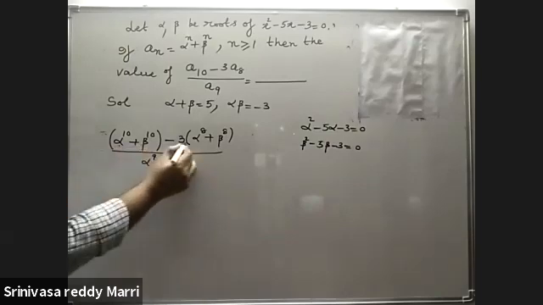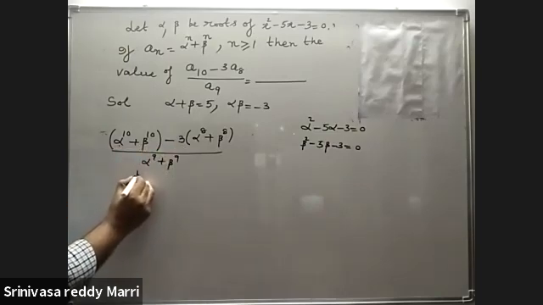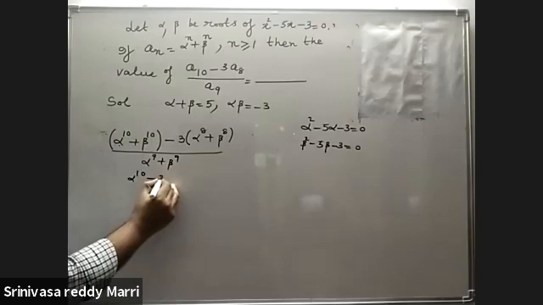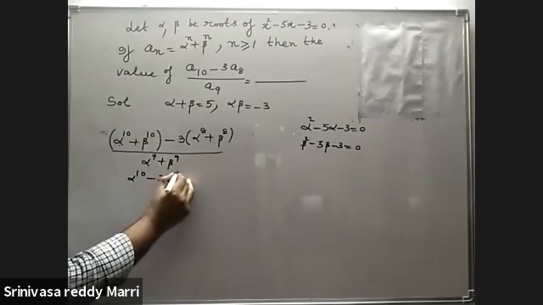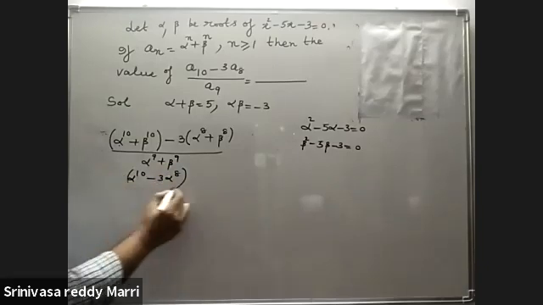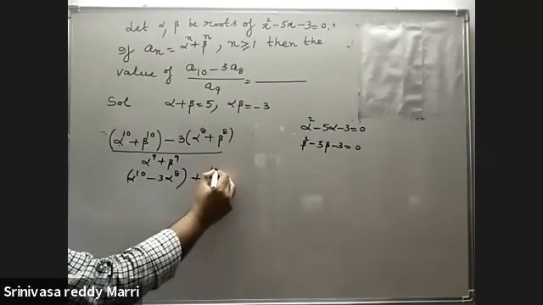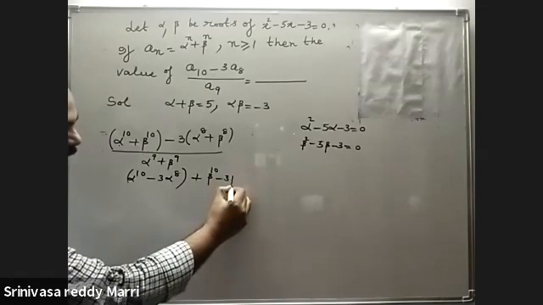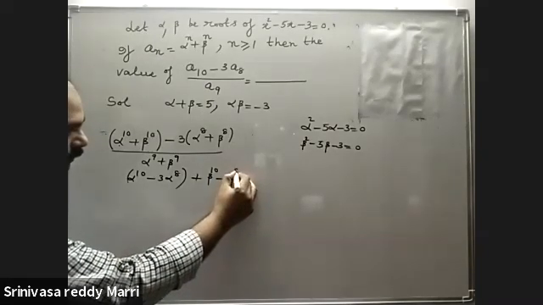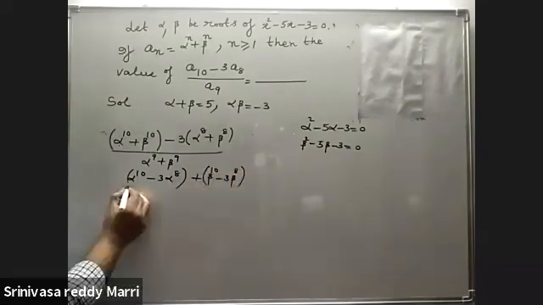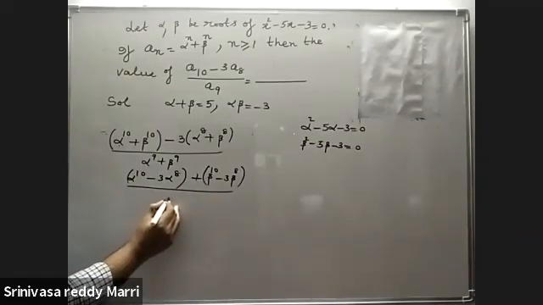Now look at these two I am clubbing. Alpha terms I am clubbing in the numerator, plus beta terms I am clubbing, divided by, this is same.